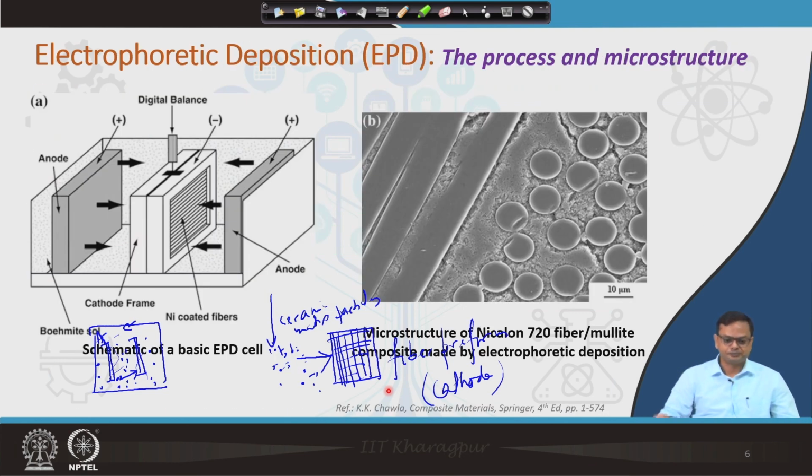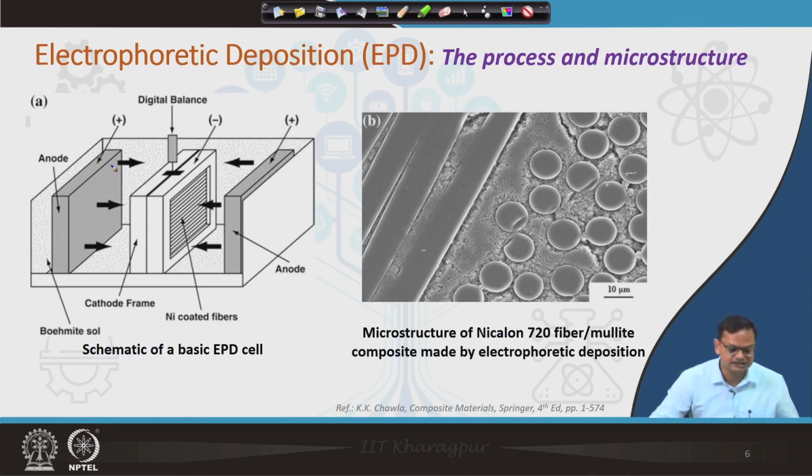So, that is the process, and as you can see here it has been shown nicely. You have these anodes, okay, and this cathode is basically the preform, and because of the application of the electric field, the charged particles go into the fiber preform and fill it and it gets densified.